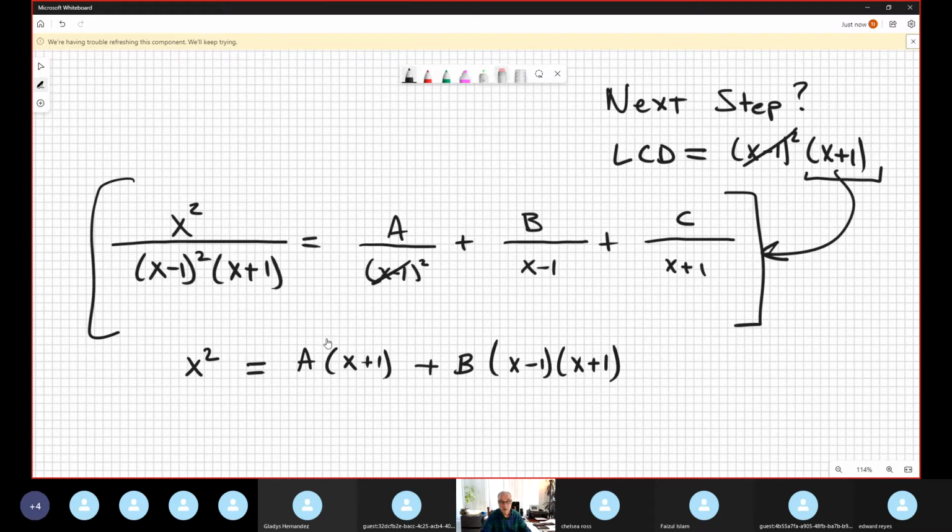Because remember, our LCD contains x minus 1 squared, cancel out at least one, and only one x minus 1 stays, times x plus 1, plus c times x minus 1 squared.